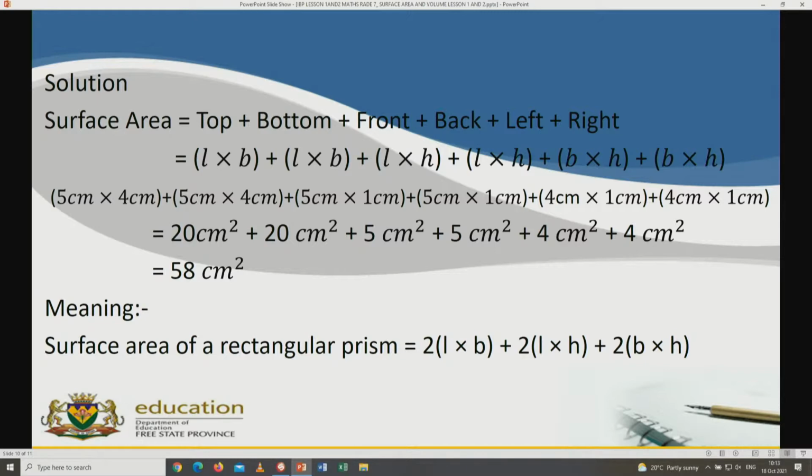And therefore, this is termed as a formula to calculate the surface area. But I didn't give you this formula from the onset. This is something that we have concluded to be the shorter way of writing the surface area. And wow, this is obviously the formula to calculate the surface area.